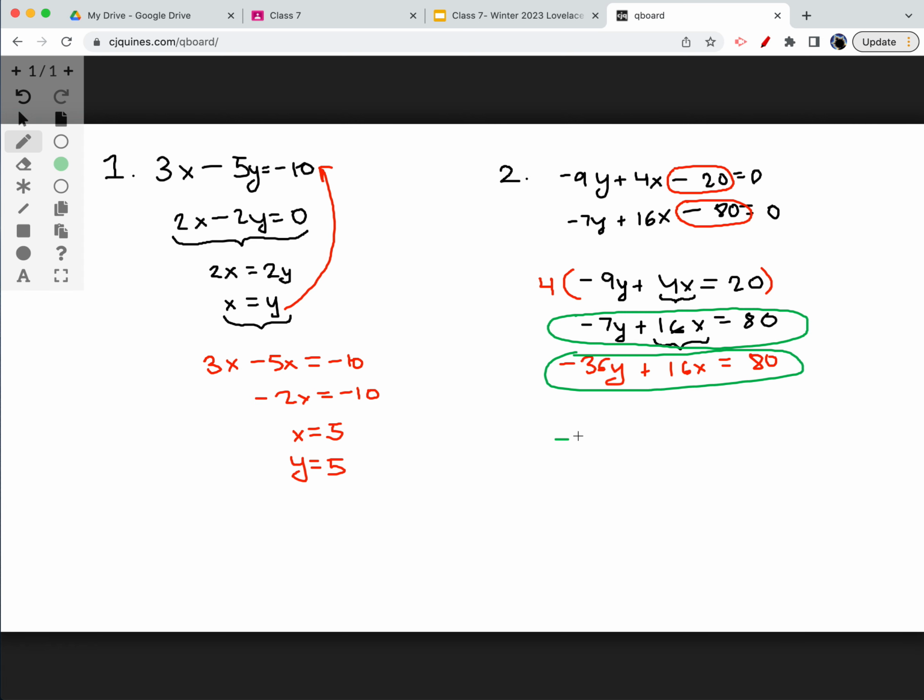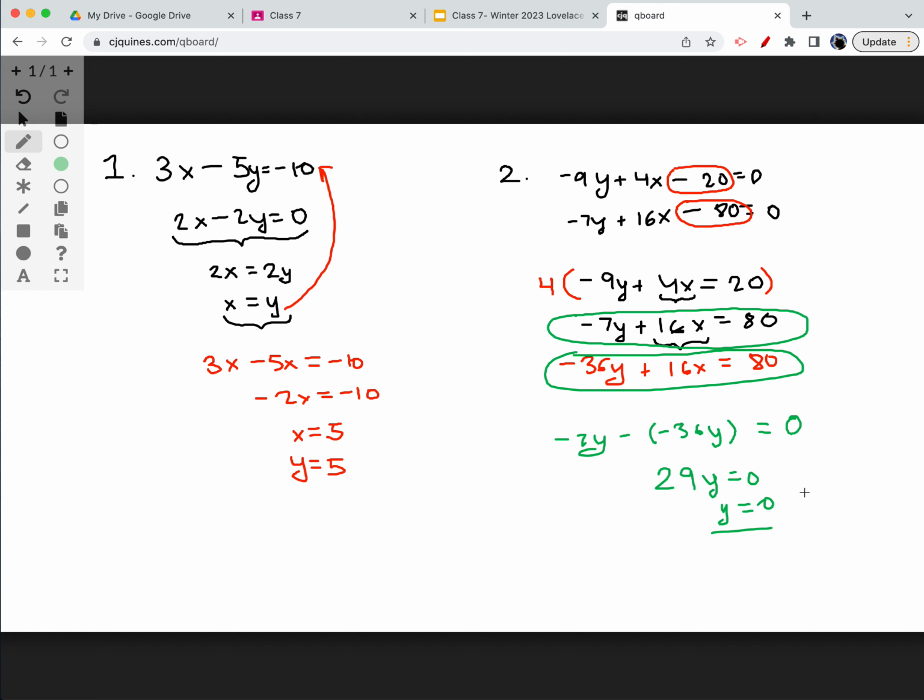And so we get minus 7y minus 36y plus 16x minus 16x, which is 0, is equal to 80 minus 80, which is also 0. So this gives minus 29y is equal to 0, so y is equal to 0.